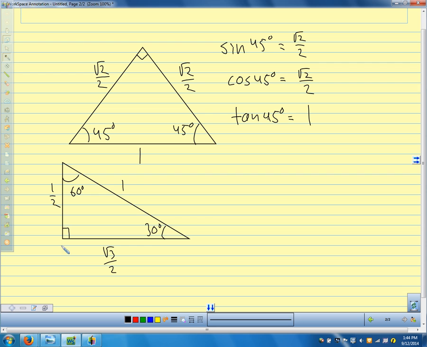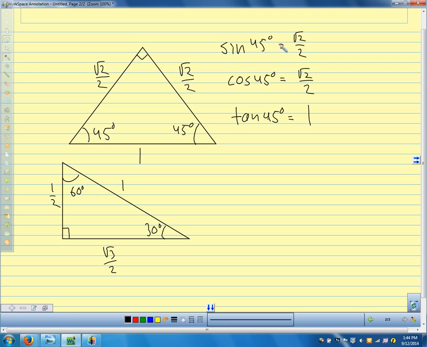The 30, 60, 90 triangle is half of an equilateral, and that's how you can come up with these relationships between the sides. The sides are always going to have this proportion. Short side's half the hypotenuse, and the long side is square root of 3 times the length of the short side. Always going to be the case in a 30, 60, 90.